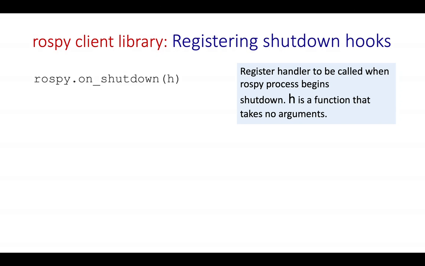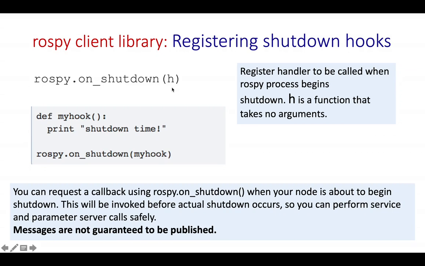Think of it as that, right? So rospy.on_shutdown is being sent a callback function or a handle, and the name of the handle is my_hook, and in this function my_hook, you are in this case just printing shutdown time.